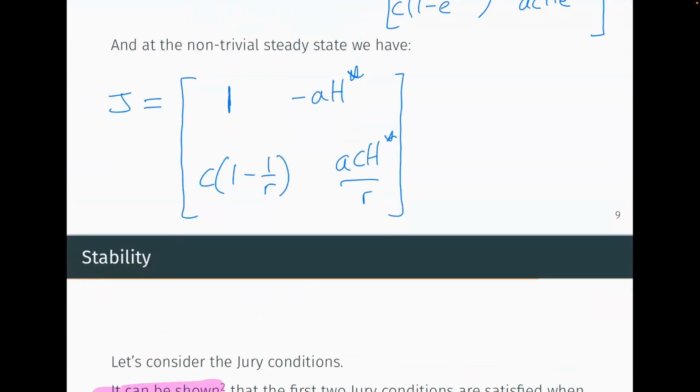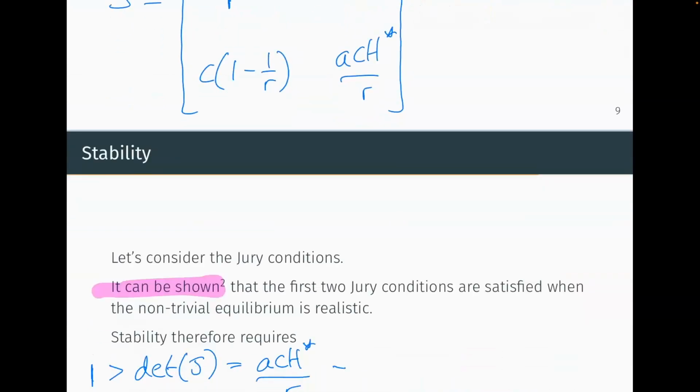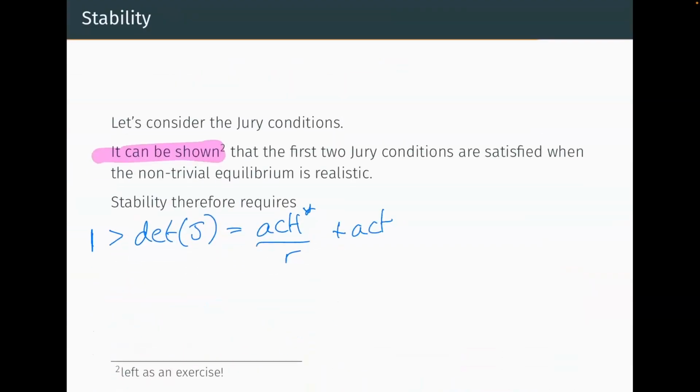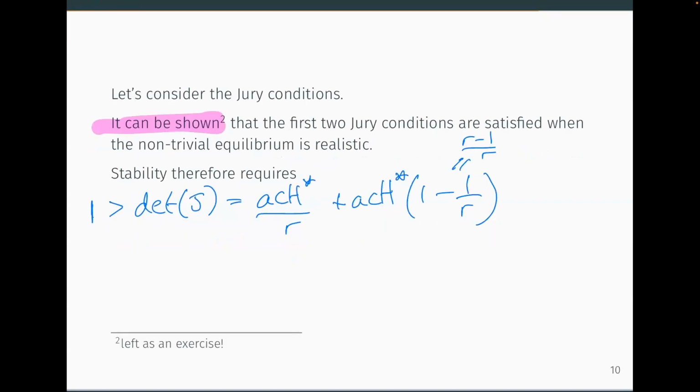So we're going to have minus times minus, giving plus ACH star times 1 minus 1 over R. And this bit in brackets, we can actually write as R minus 1 over R. That means that we can pull out the front an ACH star over R, multiplied by 1 plus R minus 1.